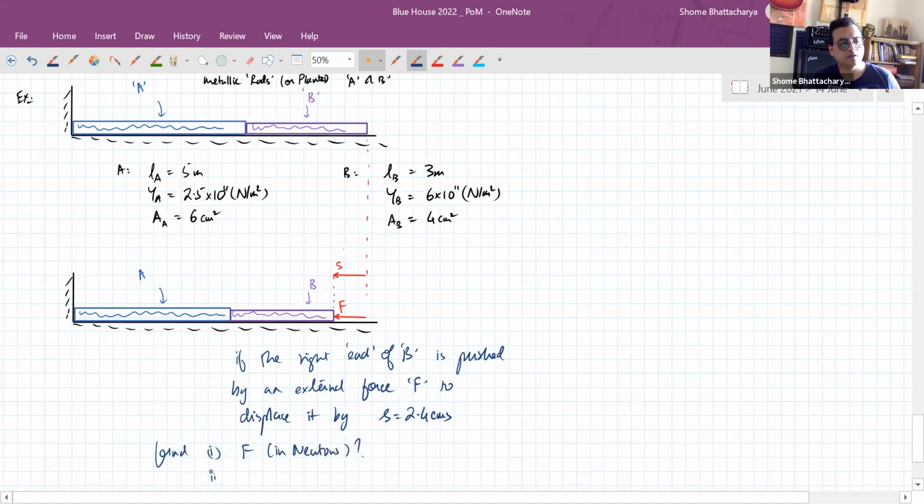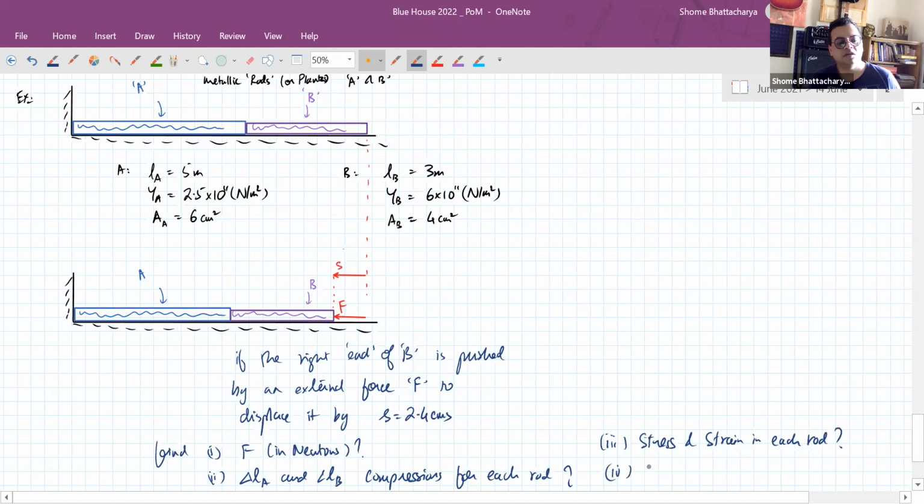Then the individual compressions for each of the rods. And the stress and strain in each rod. And also the elastic potential energy stored in each of these.